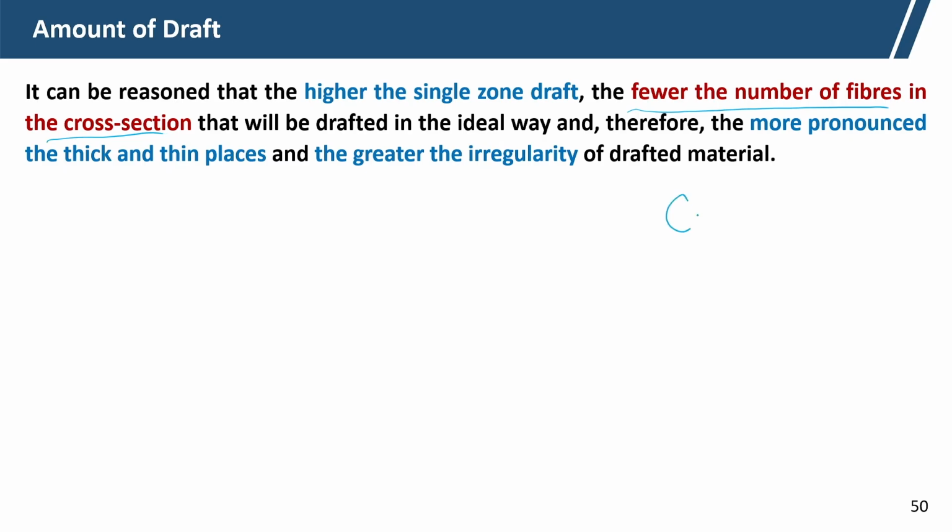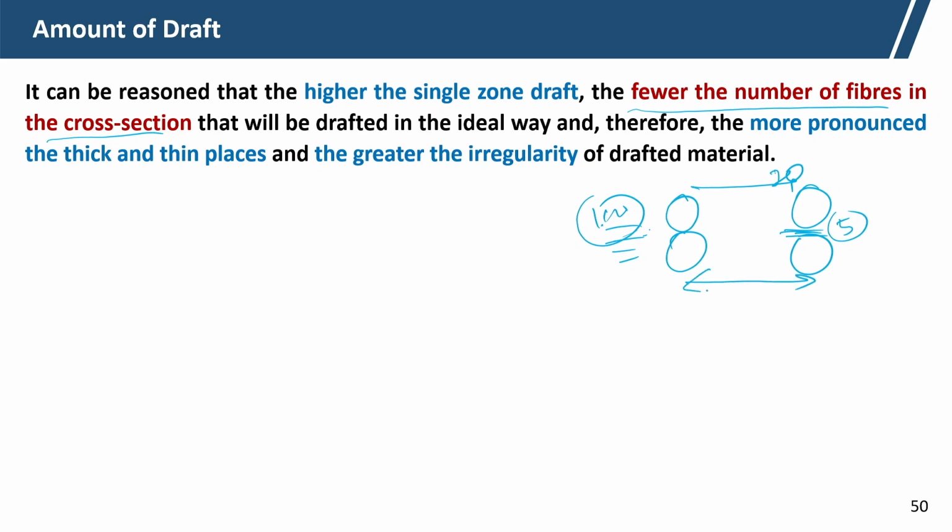Suppose 100 fibers are there and you give a draft of 20, then only 5 fibers will be there. Those will be drafted in the ideal way, and therefore more pronounced thick and thin places will be there, and the irregularity will be greater.